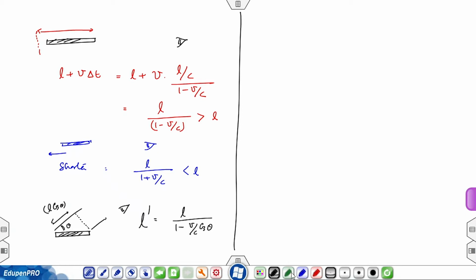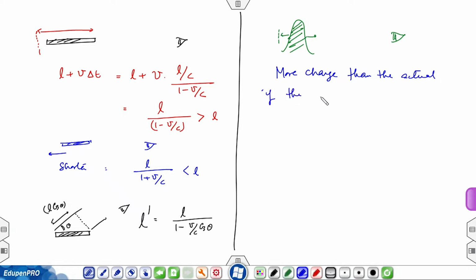Similarly, if I look at this distribution of charge, because now the light would be starting from the front end and the back end light would be starting from a little behind, I will see more charge than the actual, if the charge distribution is moving towards me.